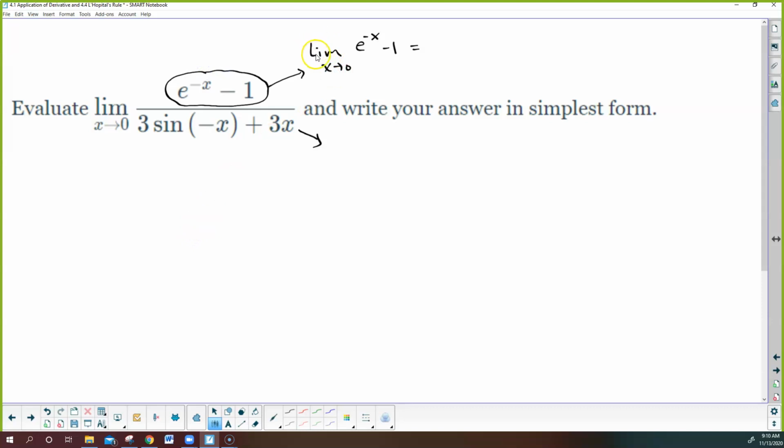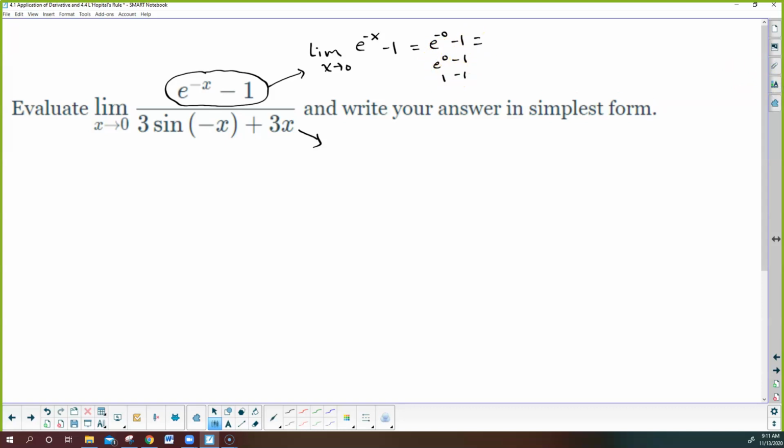Okay? And don't forget the word LIM as x goes to 0. If you miss that, then this is gibberish. It doesn't make sense. Well, now we can actually do substitution. And technically, negative 0 is still just 0. So this is really e to the 0, which is 1.